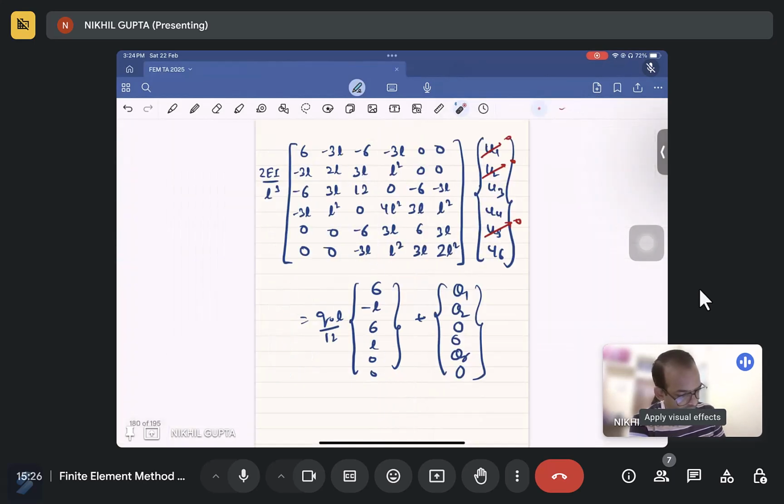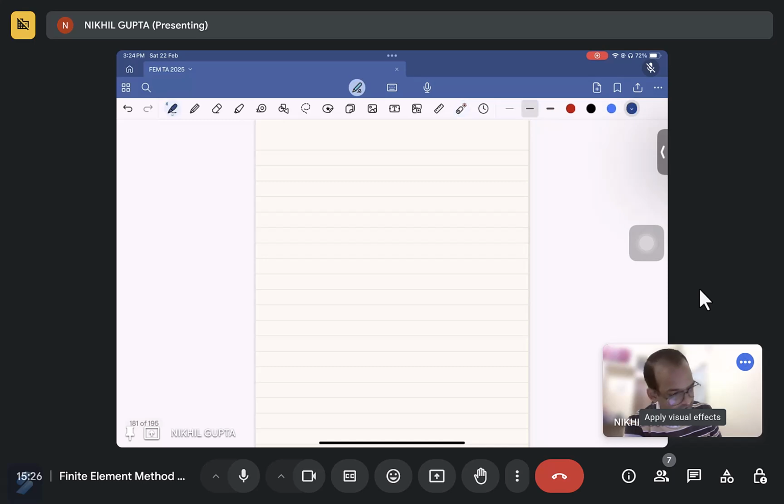So to solve it, this is a full K matrix, so we have to make it a reduced stiffness matrix. So you will get it as 2EI by L cube, then 12, 0, minus 3L, 0, 4L square, then L square, minus 3L, L square, and 2L square.